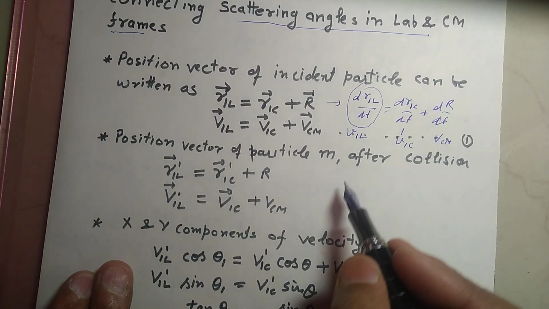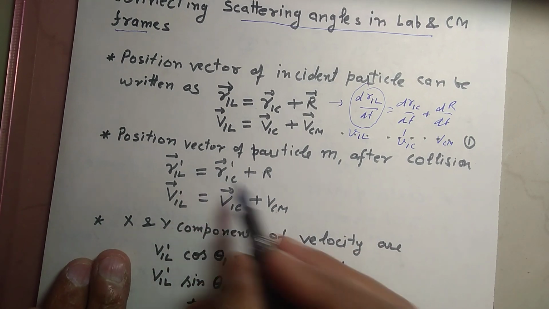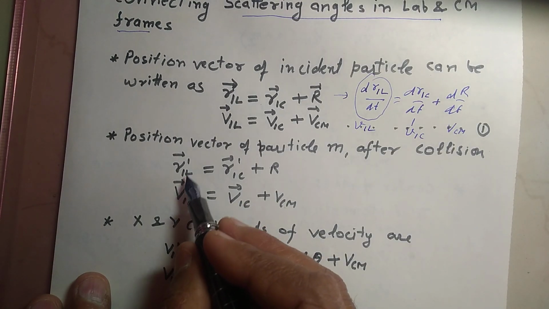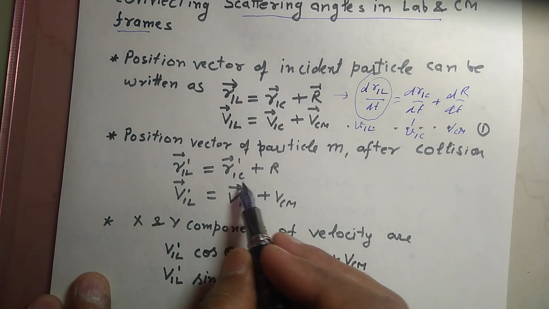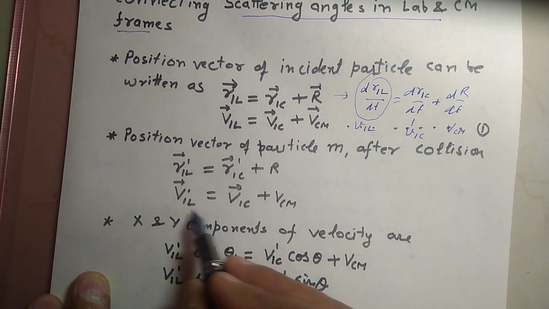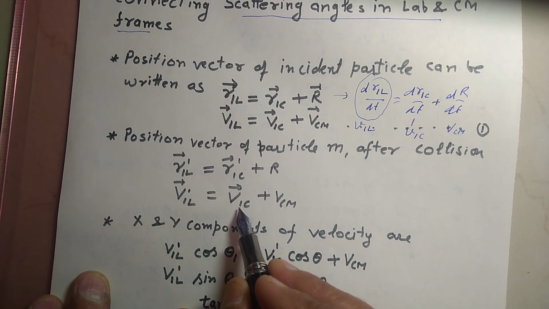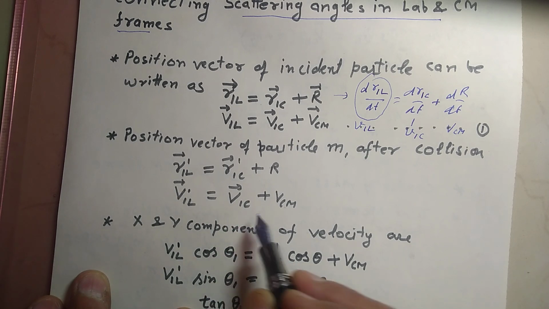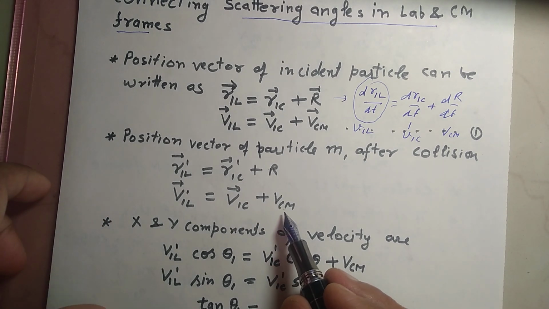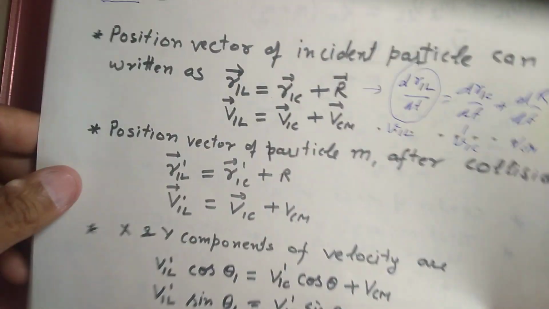Similarly, for the position vector of particle m1 after the collision, r prime 1l is equal to r prime 1c plus r, and on differentiating in a similar fashion we get the velocity of the incident particle after collision in the lab frame, the velocity in the center of mass frame, and the velocity of the center of mass with respect to the lab frame.